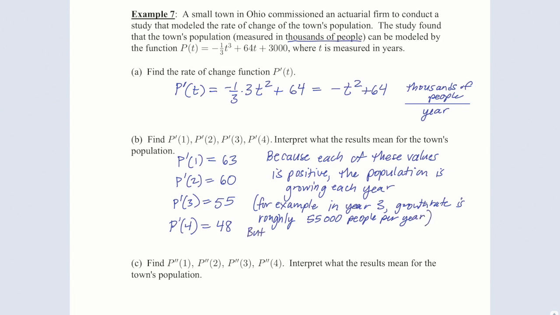And then we can see, but the rate of growth appears to be slowing. At least for time between 1 and 4, which is what we're looking at. Right? Because we grew by 63,000 people per year in year one, and then that dropped each year down to 48,000 people per year in year four.